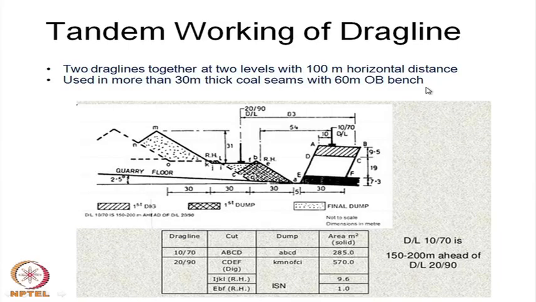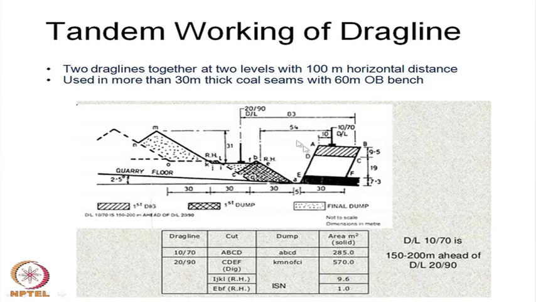So, first thing, where do you use a tandem working dragline? Where the coal seam is a very thick seam mining and also the overburden is of sufficient depth. So, the thickness of the overburden is also more and you have got more coal seam thickness also.